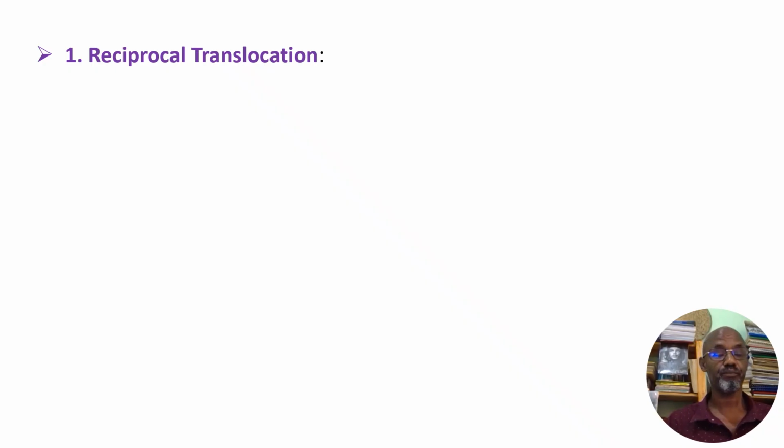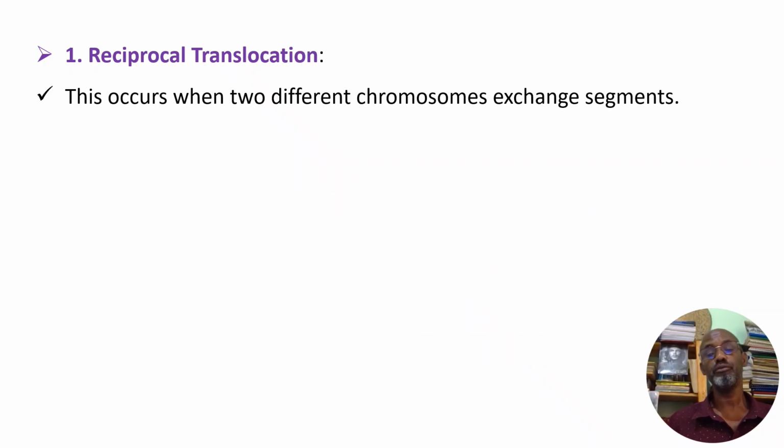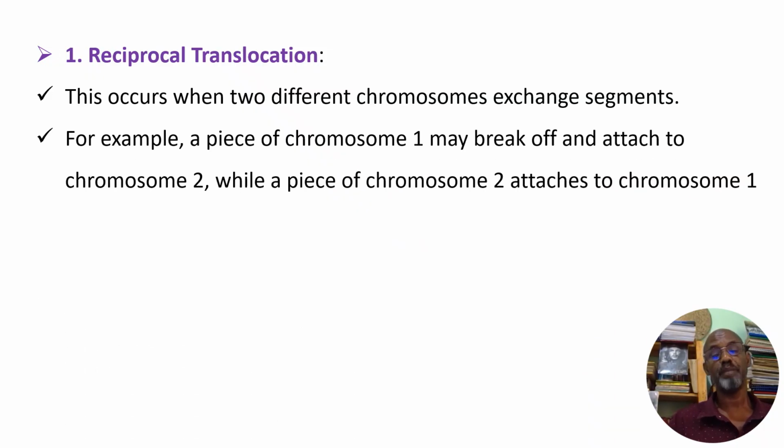What does it mean? This occurs when two different chromosomes exchange segments. For example, a piece of chromosome 1 may break off and attach to chromosome 2, while a piece of chromosome 2 attaches to chromosome 1. They are similar to the crossing over event, except that this may not be an equivalent exchange of segments.